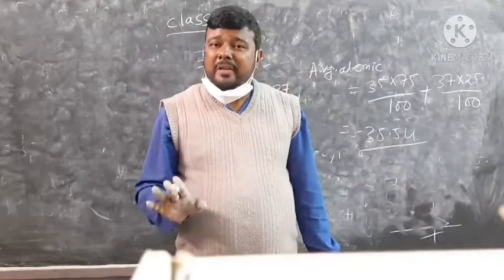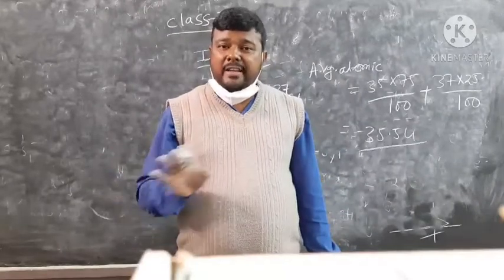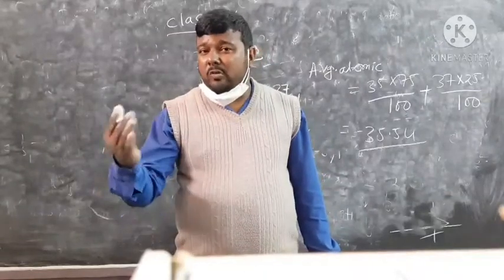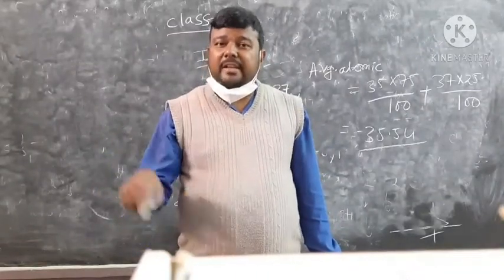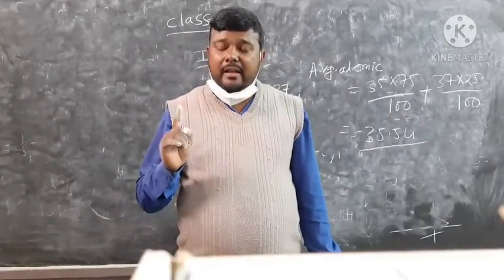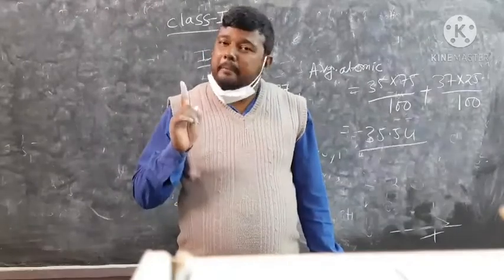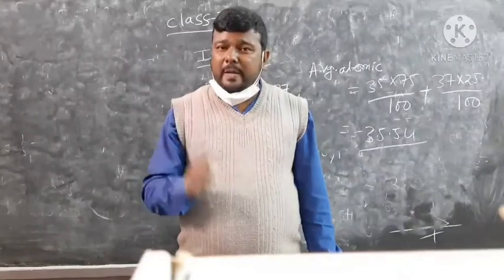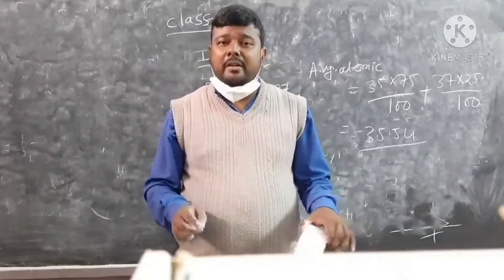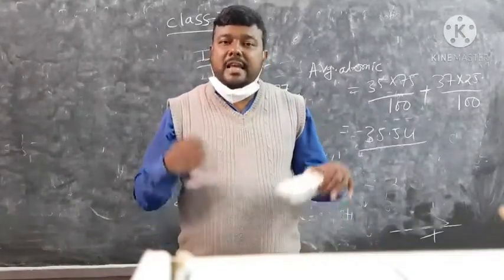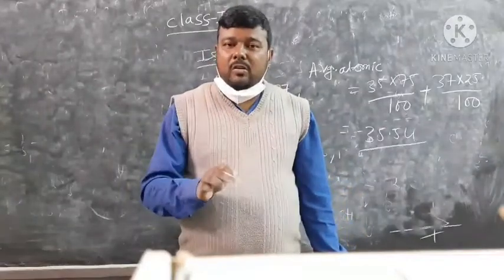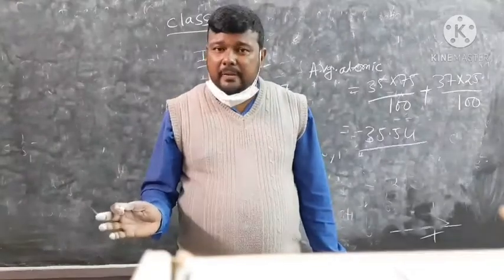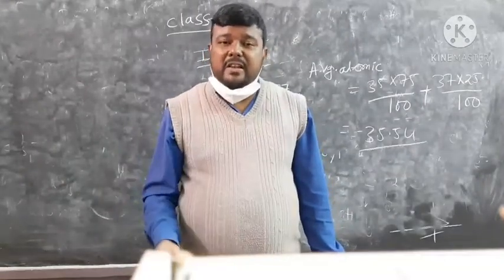As the atomic number is the same, in all the isotopic atoms the number of valence electrons will be the same, and you know that the chemical properties of elements are determined by their valence electrons. So although all the isotopes have different atomic mass, they have the same atomic number, meaning they have the same number of valence electrons in their outermost shell, so they are chemically similar. Their chemical properties are similar.